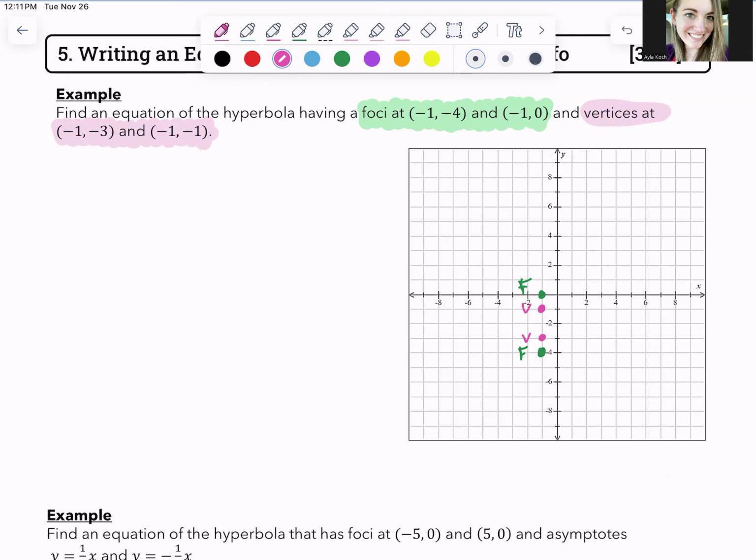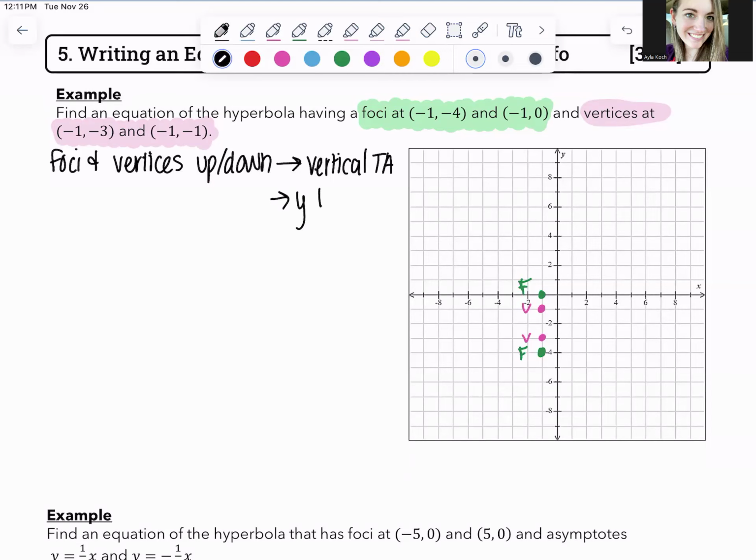So first things first, I notice that the foci and the vertices are up and down from one another. And that means that we have a vertical transverse axis, which means y comes first. So vertical, I'm just going to say TA for transverse axis.